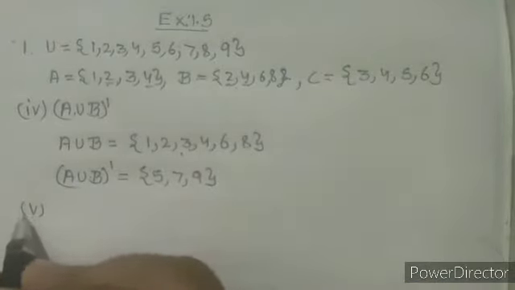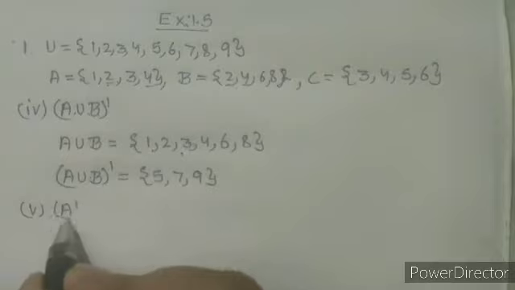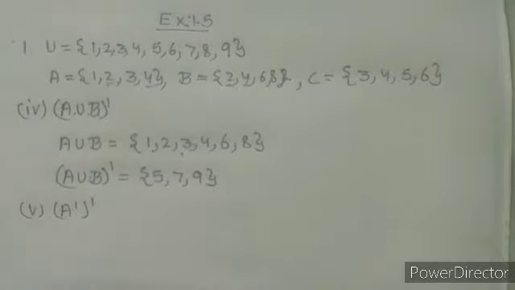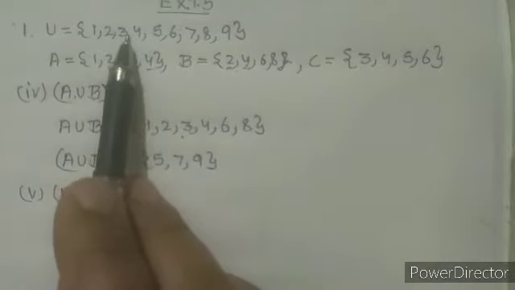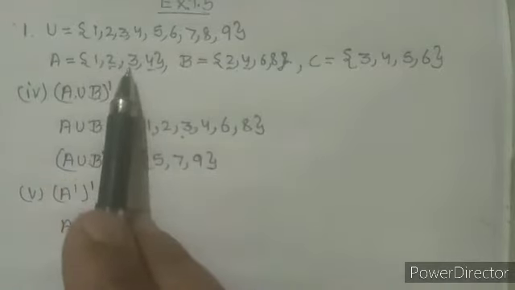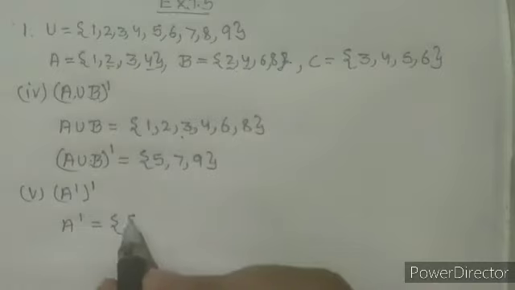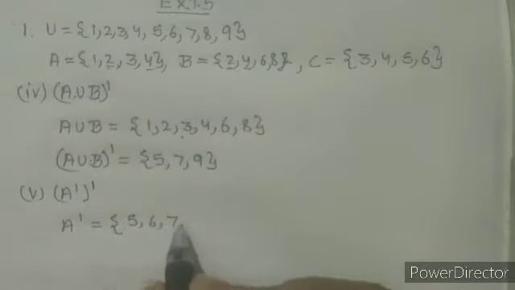Now the fifth part is we have to find out the complement of A complement. Now first of all, A complement will be the elements of the universal set which are not in A, and those are 5, 6, 7, 8, 9.